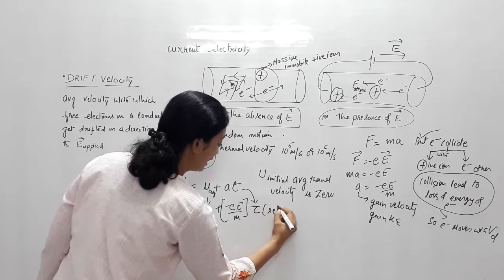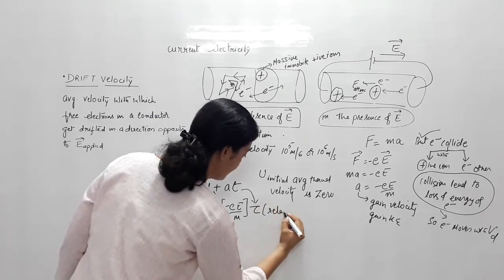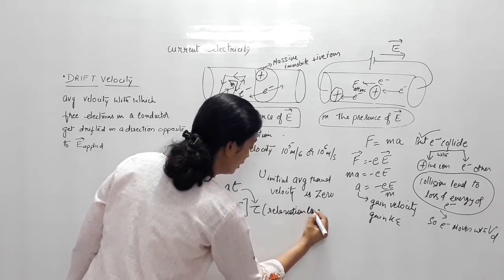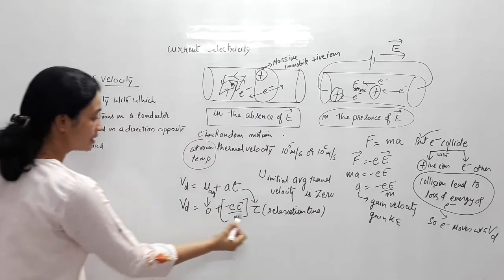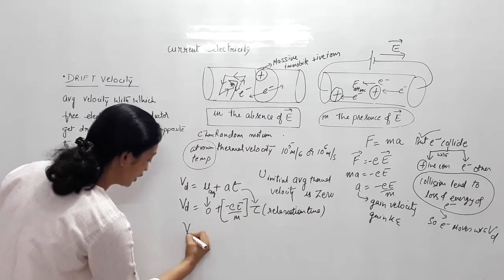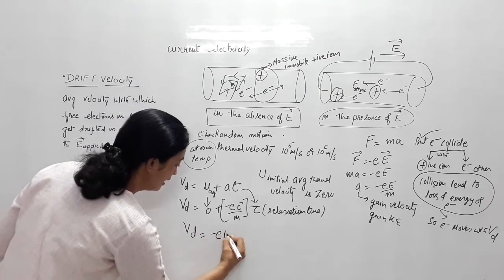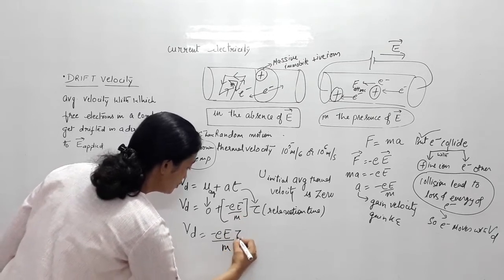This is called relaxation time. And what is this average relaxation time? So hence we got the expression for drift velocity as minus eE upon m tau.